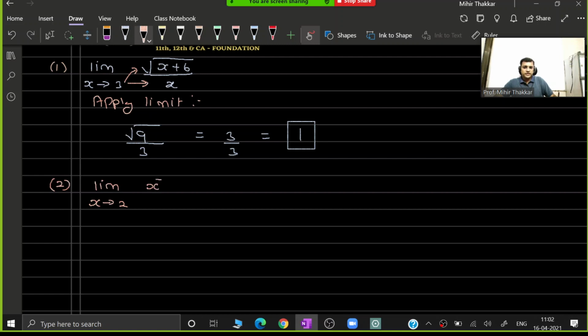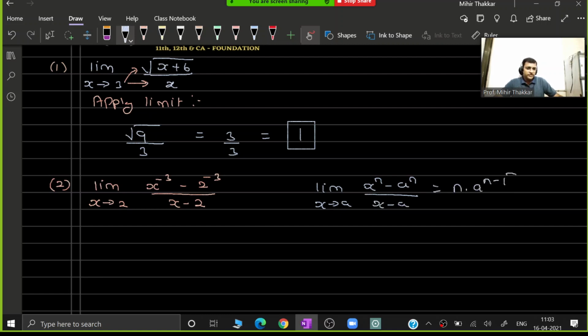So guys, working is exactly the same as we had done in our previous questions. I will remember my formula. The formula is limit as x tends to a, x raised to n minus a raised to n upon x minus a, and the answer is n into a to the power n minus 1.